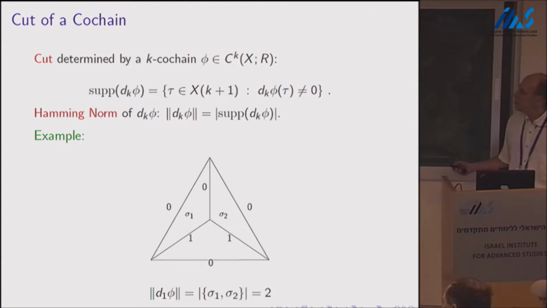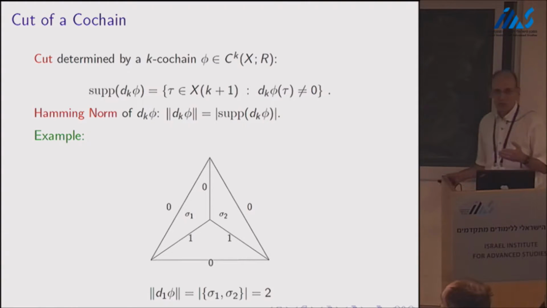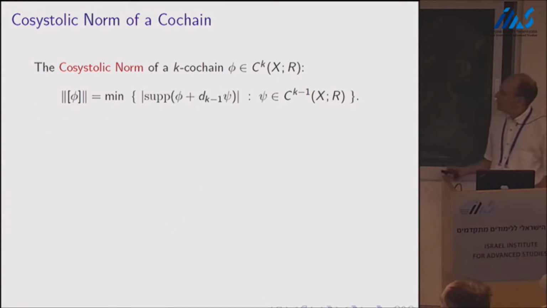So obviously, if this is big, then this means that dk phi is not a cocycle, and the larger it is, then the further it is from a cocycle. But we have to normalize, because if phi is big, then it will tend to have large dk phi. So how do we normalize? And this is called the cosystolic norm of a k cochain phi.